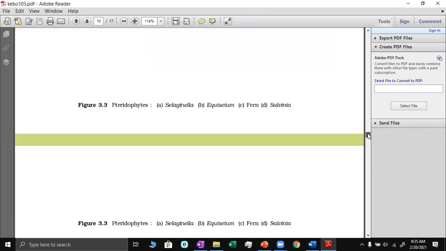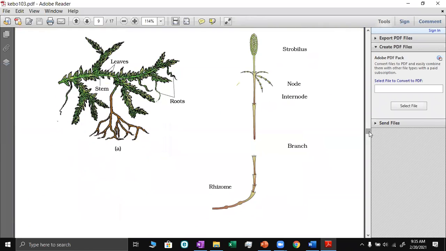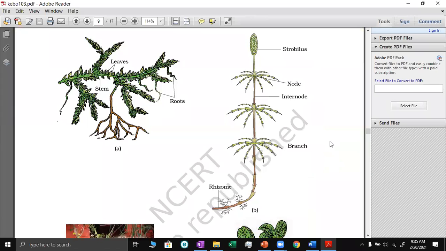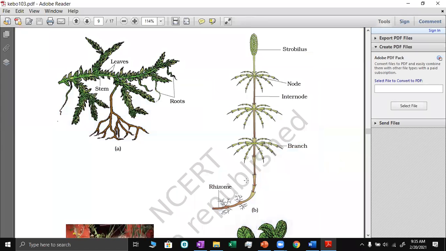You can see that horsetail plant. Here is the horsetail. Okay, this one is horsetail. This one is a little bit of a peculiar, unique plant in the pteridophyte.